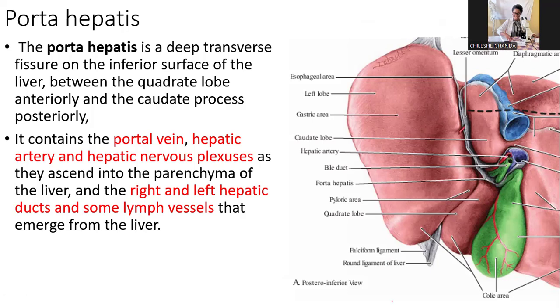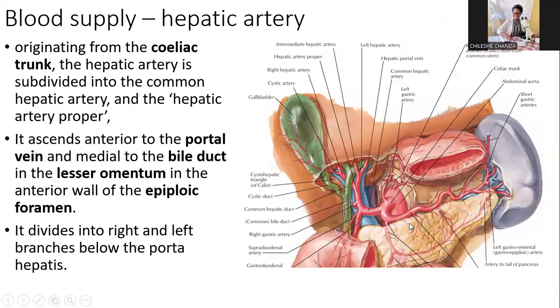It contains the portal vein, the hepatic artery, and the hepatic nervous plexus. And the right and left hepatic ducts are also found there as they are coming out of the liver. So that is what you're going to find at the porta hepatis.